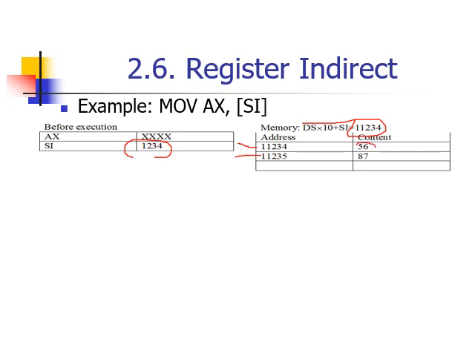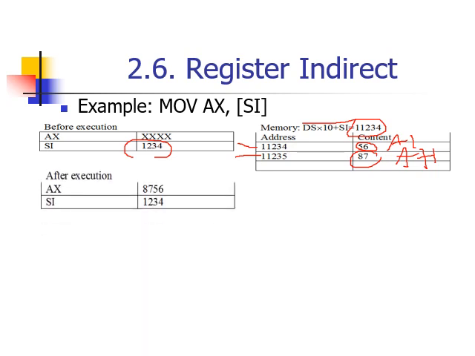This is to be placed, the lower address, in AL, and the higher address is to be placed in AH. After executing this, this is your AL and this is your AH. And the value inside your SI does not change.